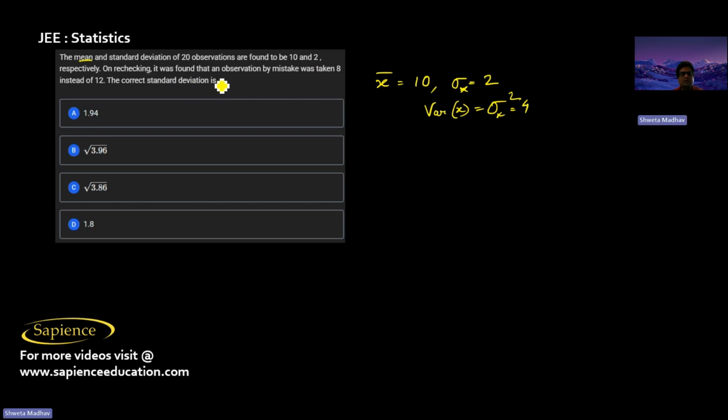On rechecking, it was found that an observation was mistakenly taken as 8 instead of 12. And the correct standard deviation is... So if 8 is taken, let's say the 20th observation is actually 12, but it was mistakenly taken as 8.